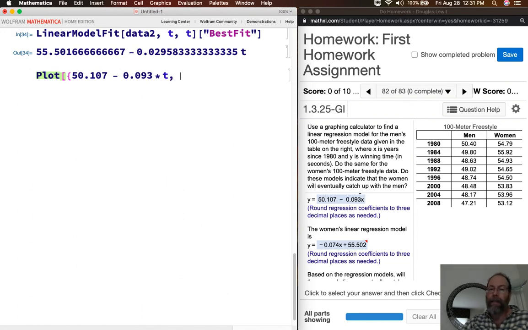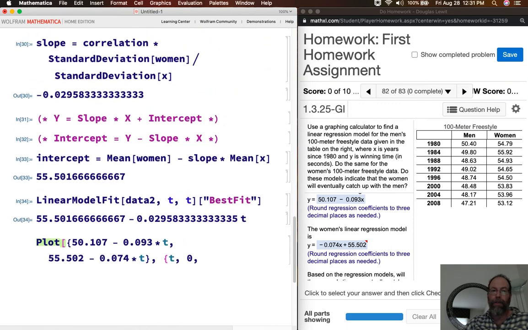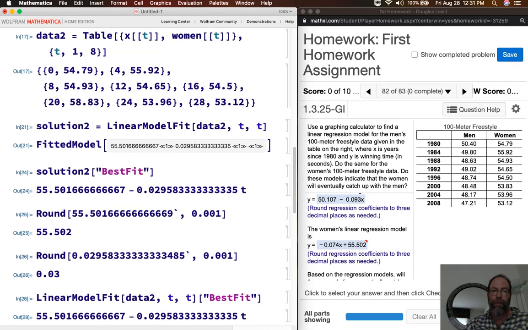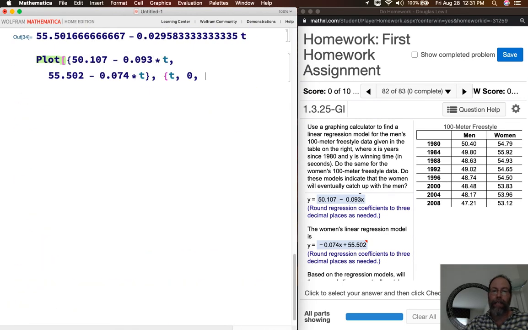Okay, and then I'm going to use their equation, 55.502 minus 0.074 times t. And let's see what this looks like. T goes from 0 up to, let's say 28.